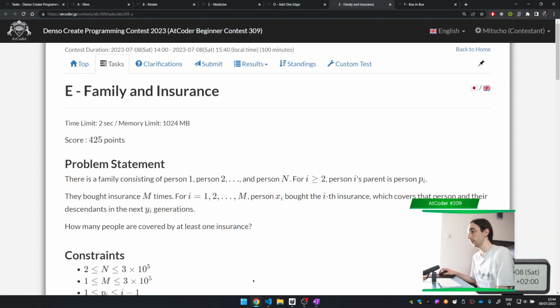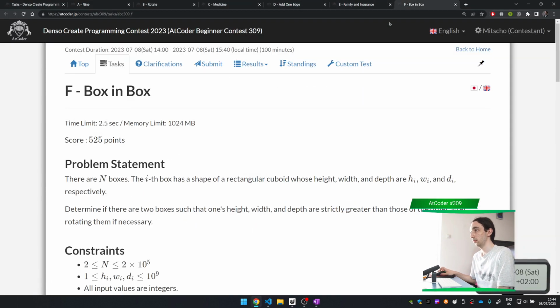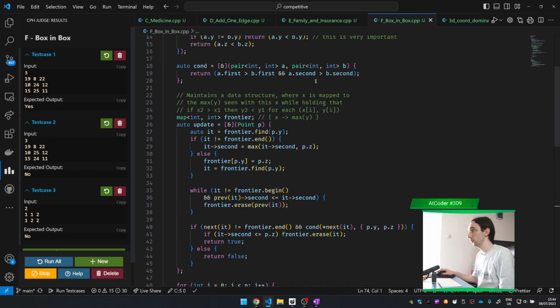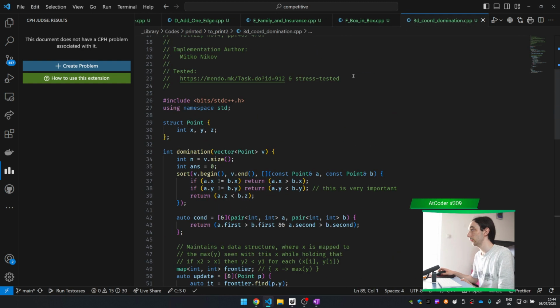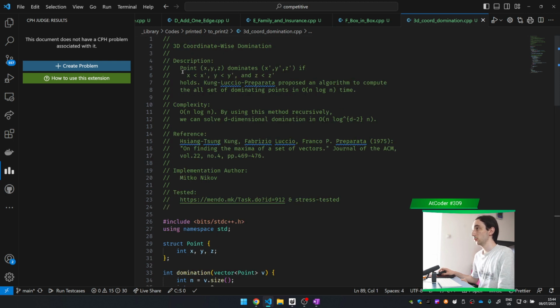Now F is a known problem. For those who want to hear more about this, it's called 3D coordinate domination. So a point x, y, z dominates another point x prime, y prime, z prime. I will talk about this in some other video in more detail probably.